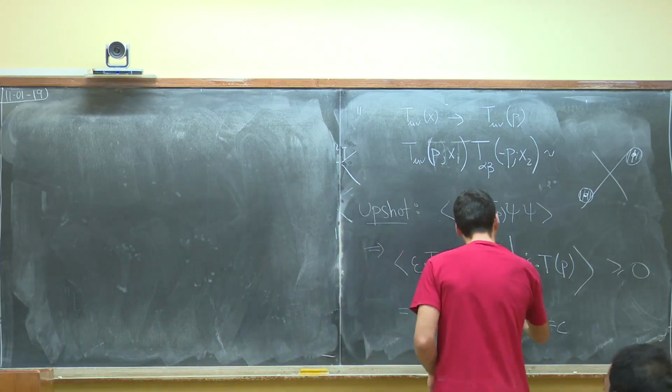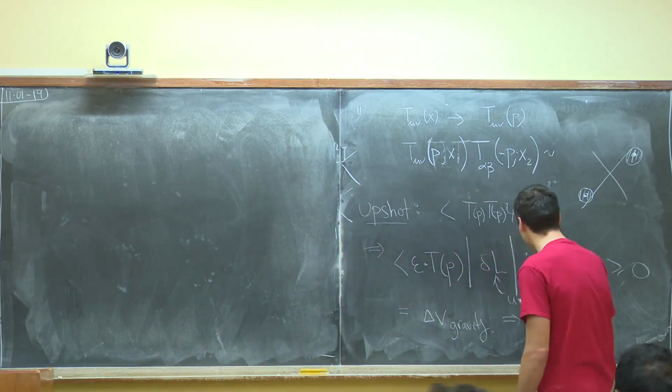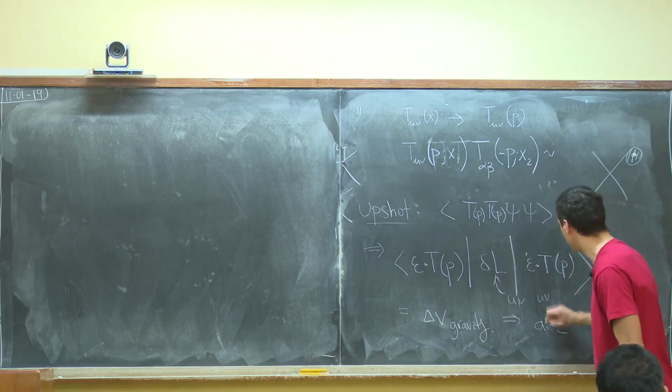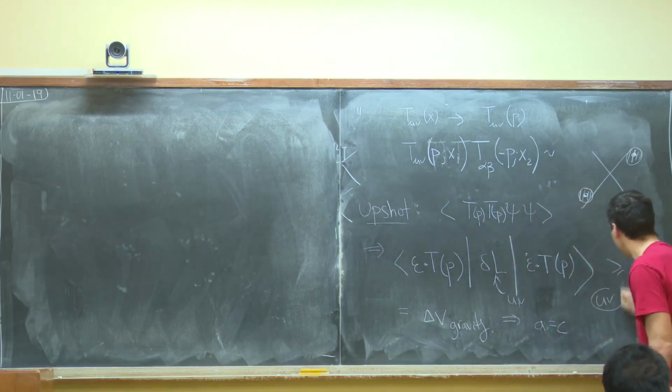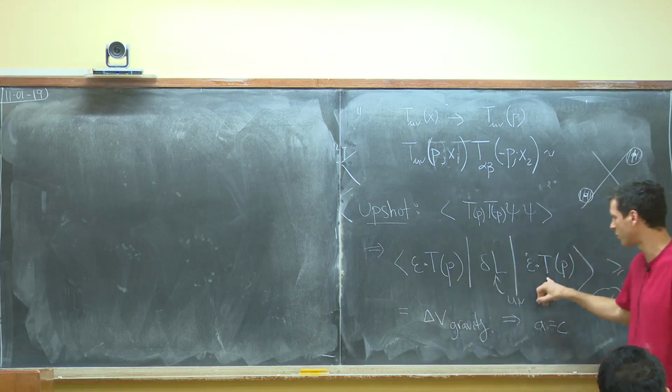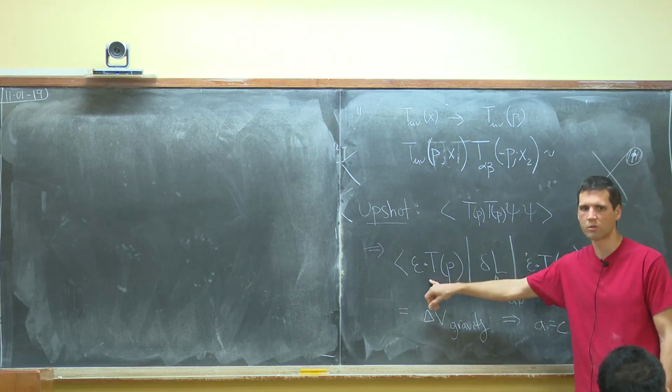There's a U and V here, and UV is controlling the Regge limit. There are also the positions where we inserted these wave packets, which play a role.